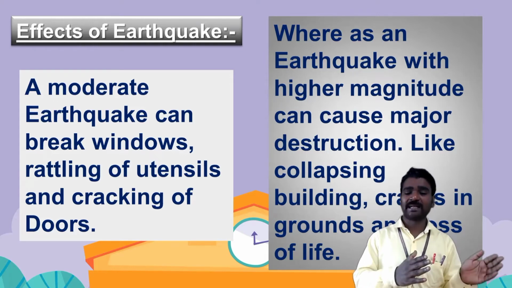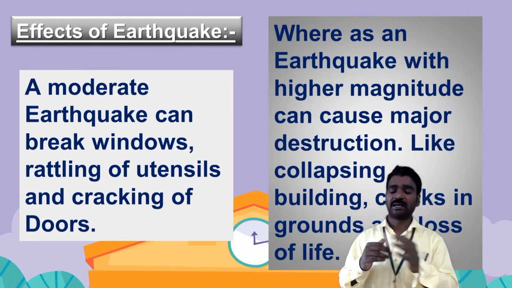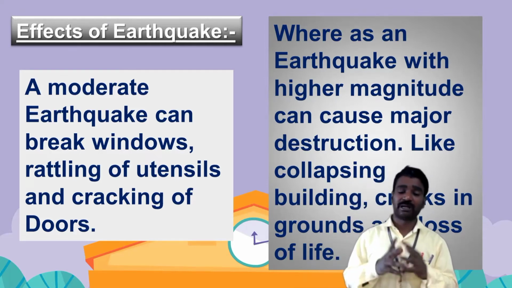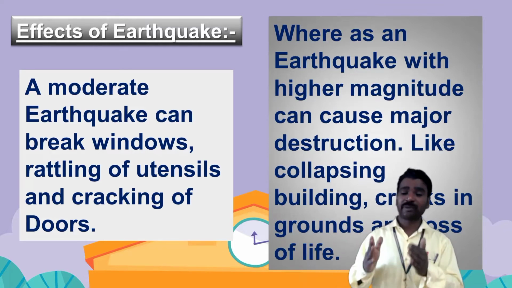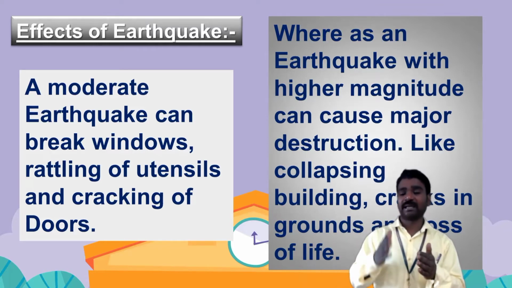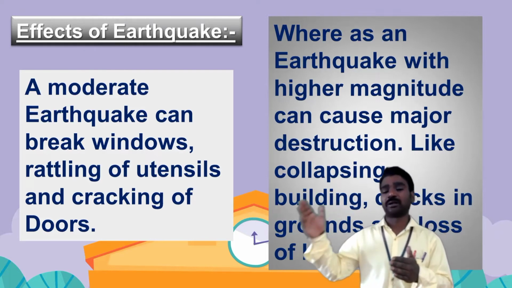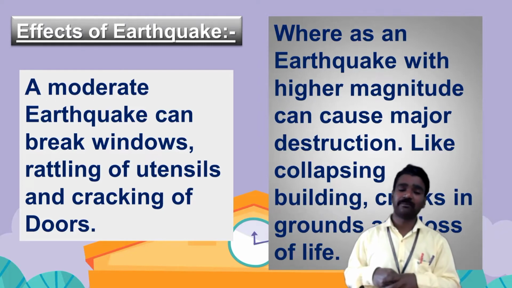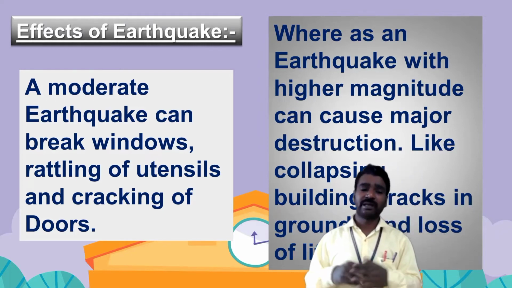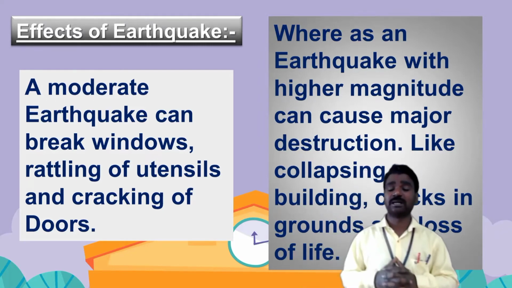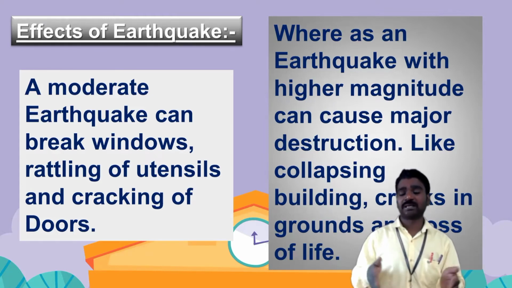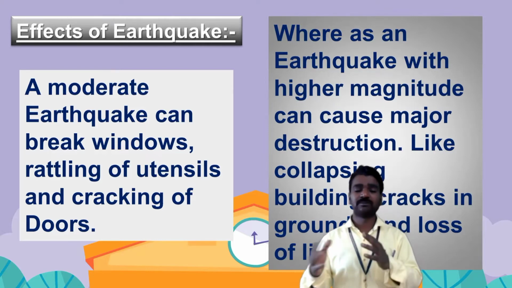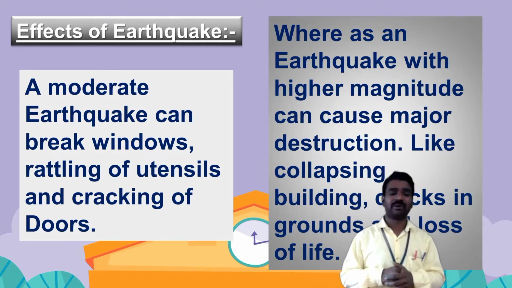So light and moderate earthquakes are not so harmful, but earthquakes whose magnitude on the Richter scale is 5 and beyond, 6, 7, 8, 9, can be very harmful in terms of the damage and loss of lives they may cause.